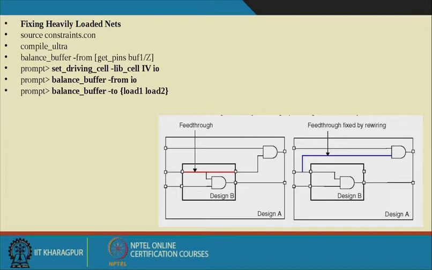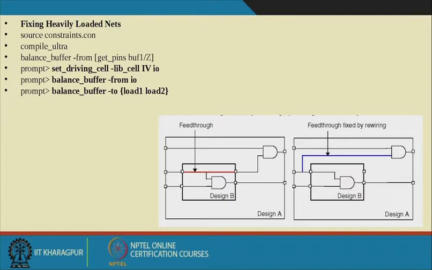So now how do you fix these heavily loaded nets? What you can do is write set_driving_cell -lib_cell for the IO, then balance buffer from this IO pin, and then again load 1 to load 2.